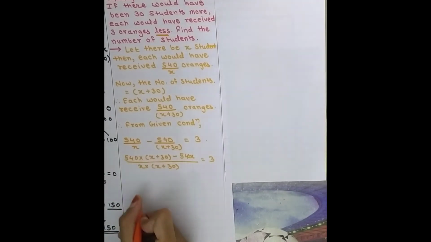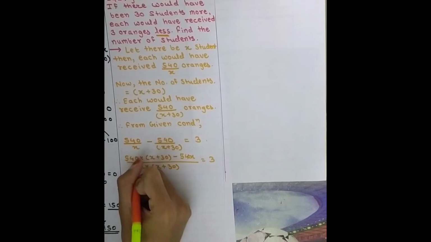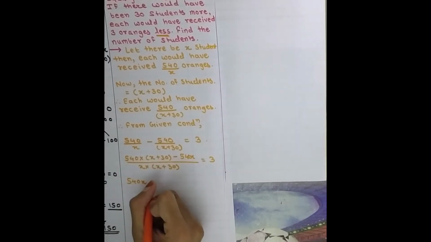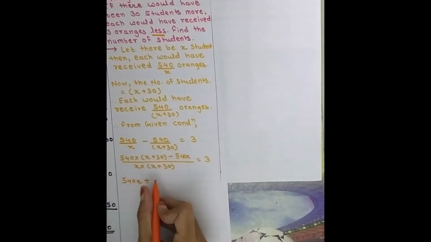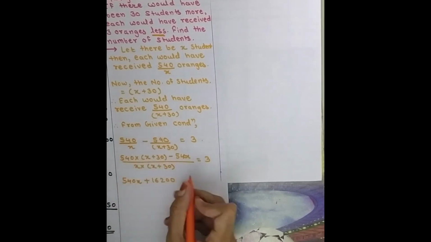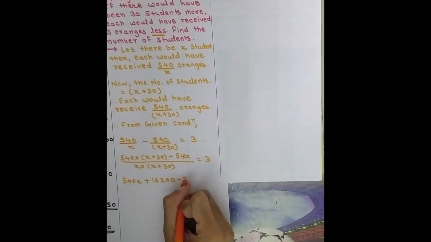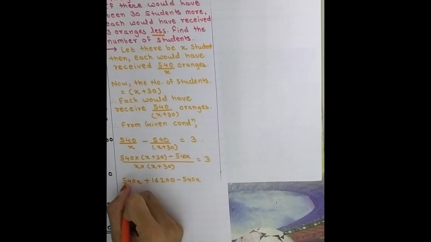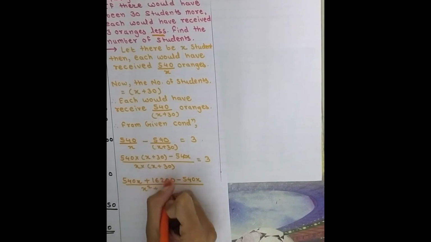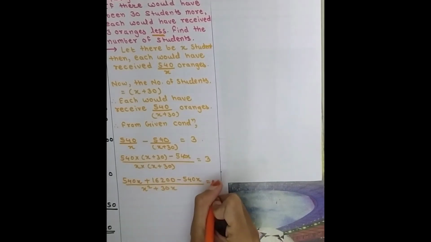Now 540 into x is 540x, plus 540 into 30 is 16200, minus 540x, upon x into x is x square plus x into 30 is 30x, is equal to 3.